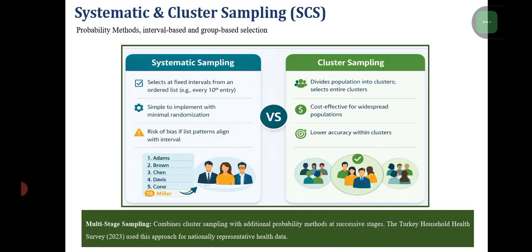You want to choose based on an interval. It could be an interval of, or multiple of, 5. So maybe at every 5th position, you will select. Maybe you have a list of 1 to 100, and you want to choose 20 persons from 1 to 100.